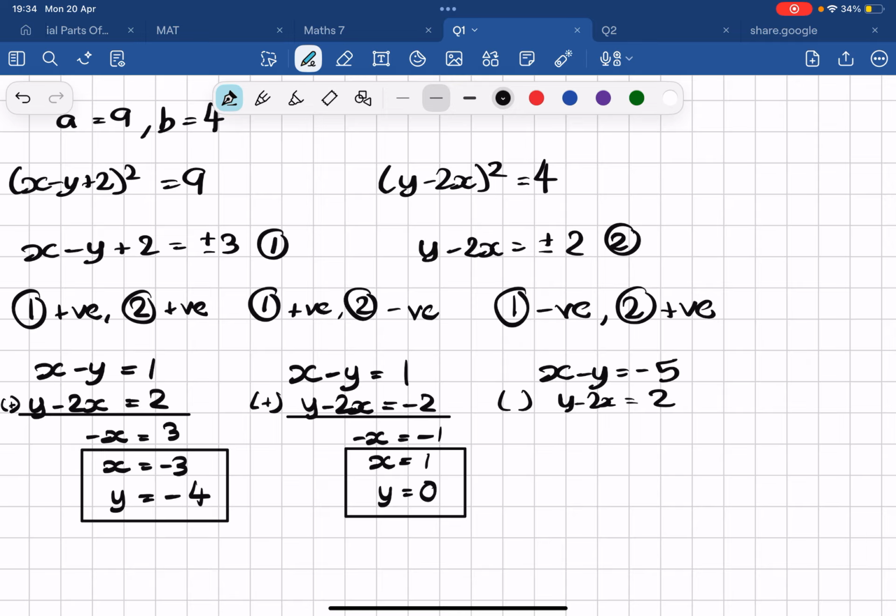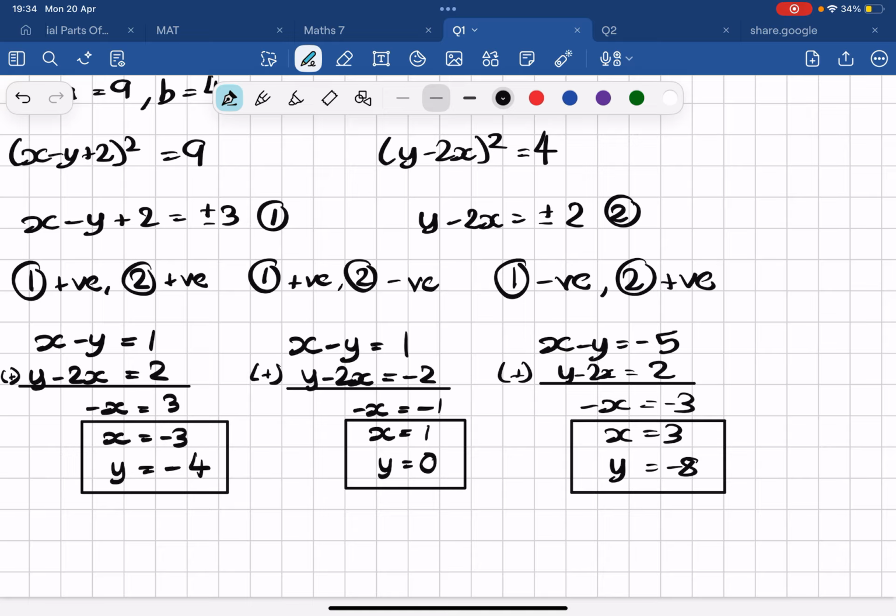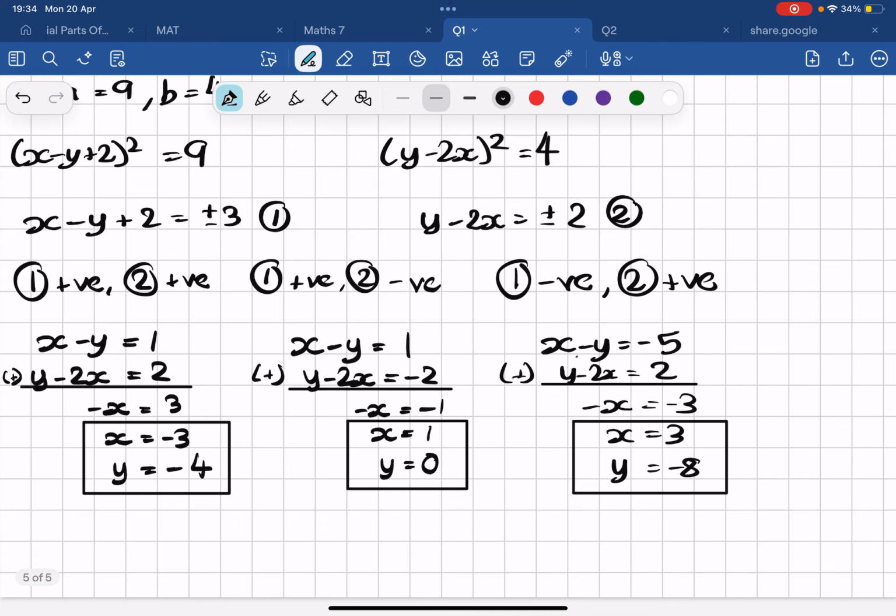Now if we just simply add these, minus x equals minus 3, x equals 3, and therefore y equals minus 8. Let's check, is that right? So 3 minus, should be positive 8. That should do it. 3 and 8, that seems right.